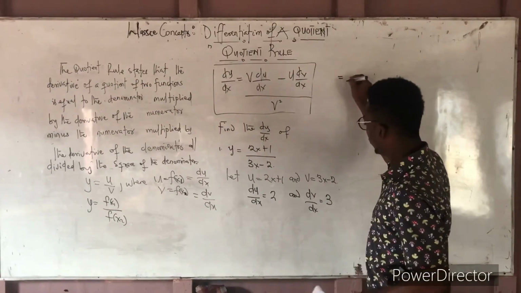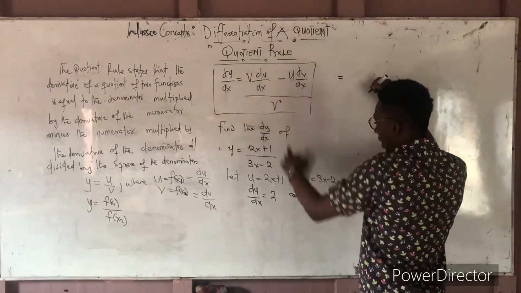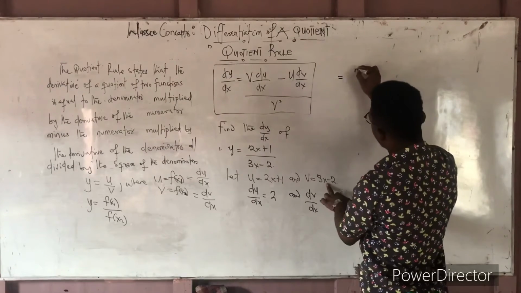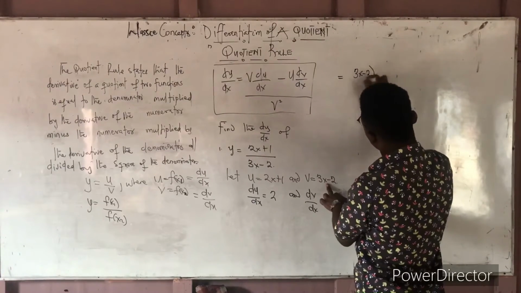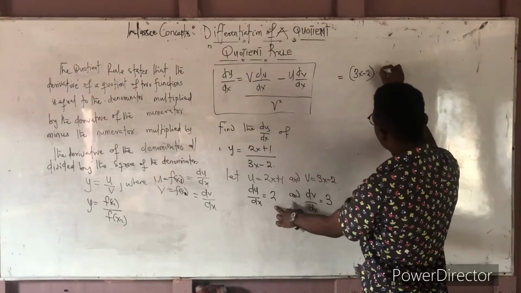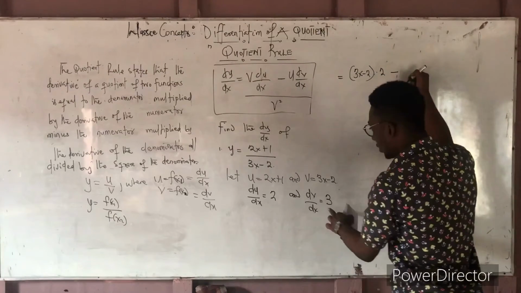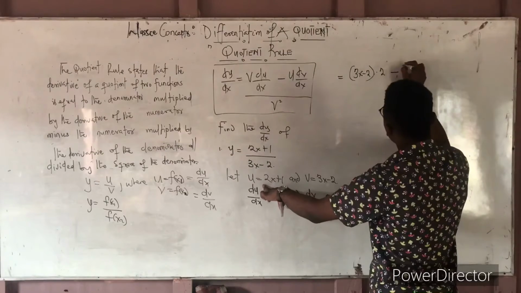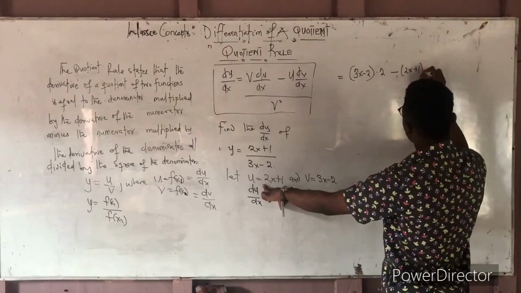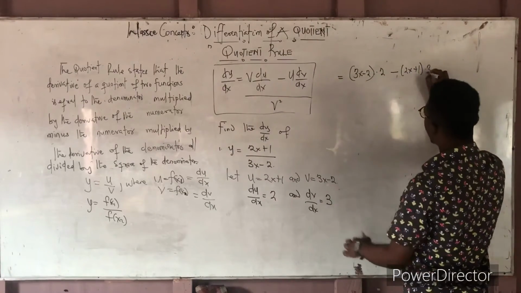It is very simple. We take v, 3x minus 2, multiplying du/dx, which is 2, minus u, which is 2x plus 1, multiplying dv/dx, which is 3.